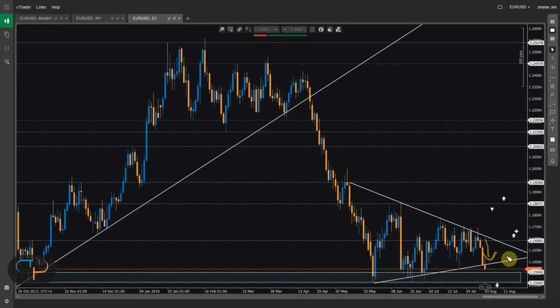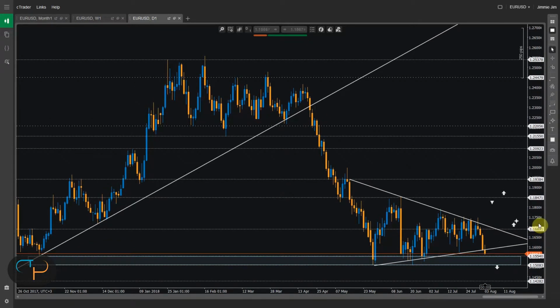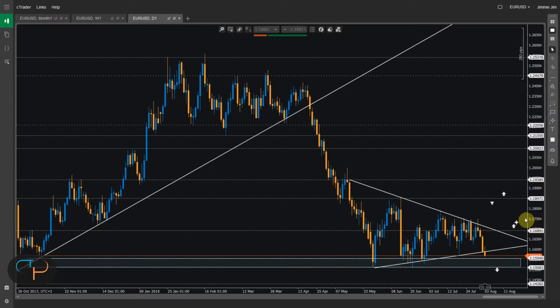Now, for the actual trading opportunities themselves, let's begin with the buying opportunities. I have this upwards arrow with this star here. Why that? Because I would buy only in the event of a false break.